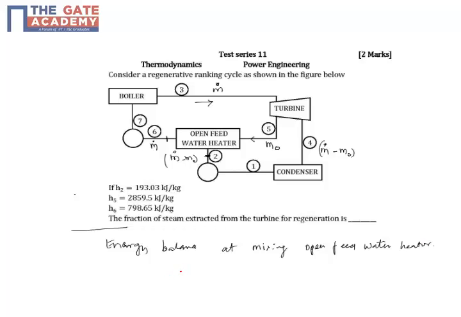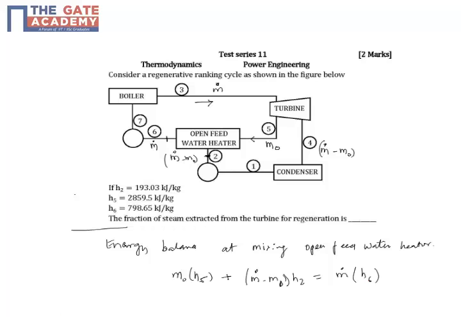Basically energy at 5, so m naught into the enthalpy at 5. M naught is the steam that is extracted, m naught into h5 enters, plus the another stream that enters is the mass flow rate m dot minus m naught, and the enthalpy there is H2. Okay, that should be equal to the mass flow rate m dot and the enthalpy at H6.